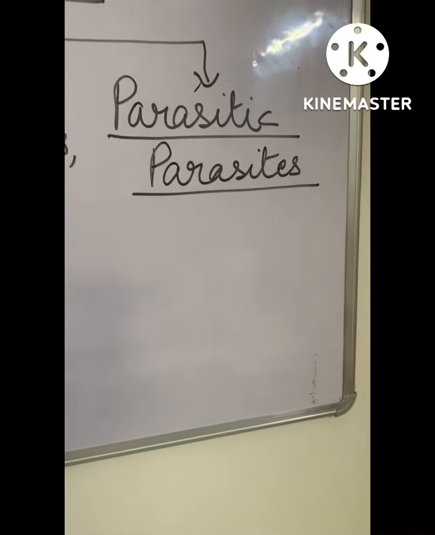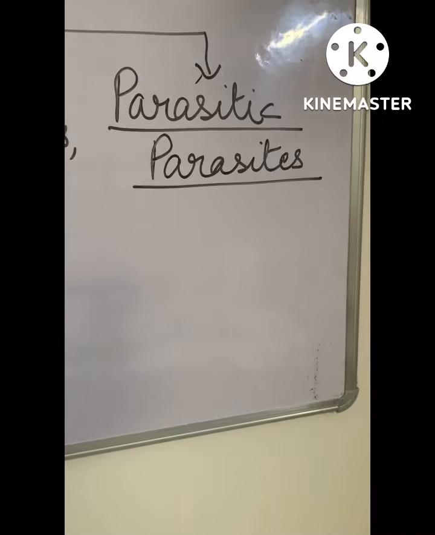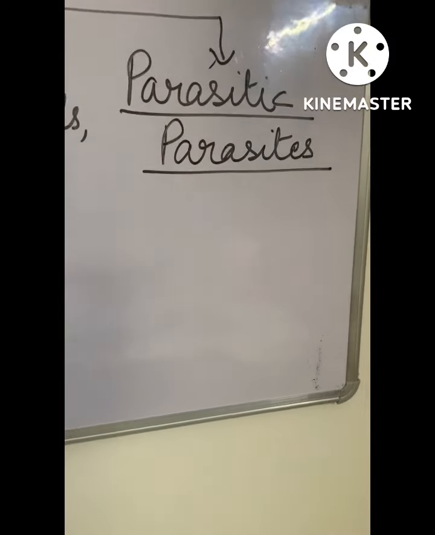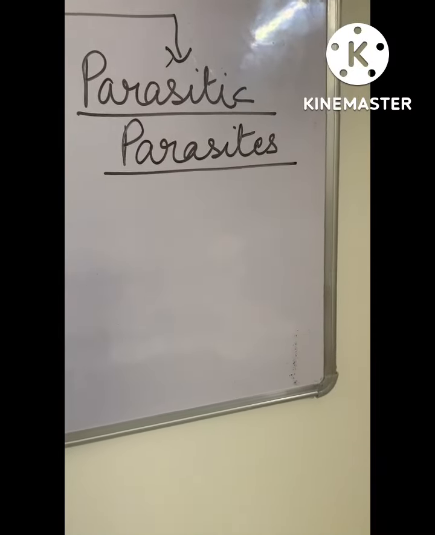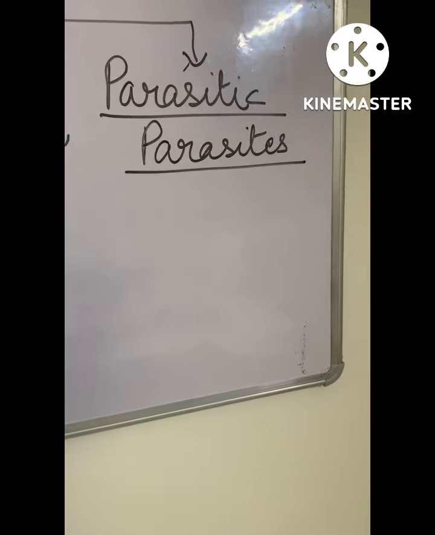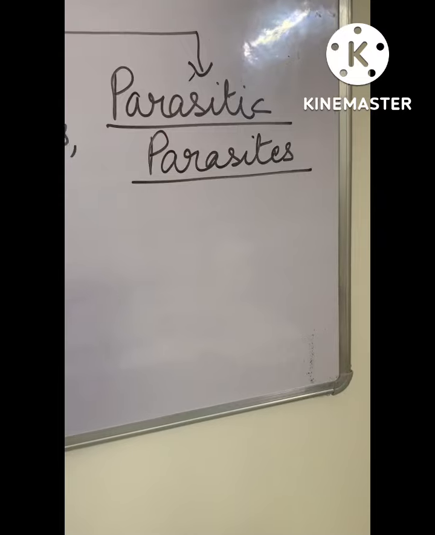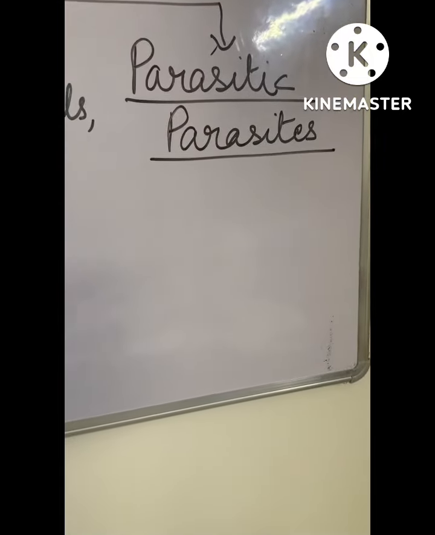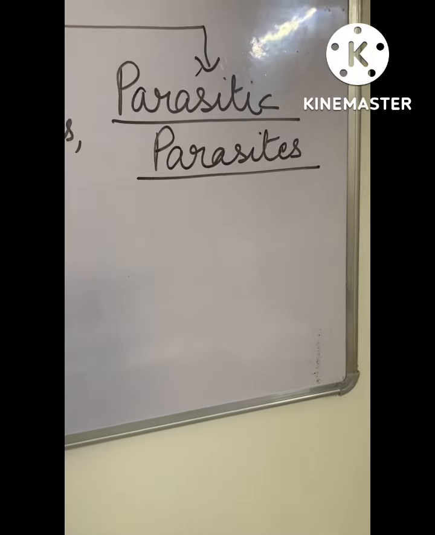They can live inside that other body or outside of it. The body in which they live is known as the host. Whether they are living inside the host or outside the host, both things are possible.